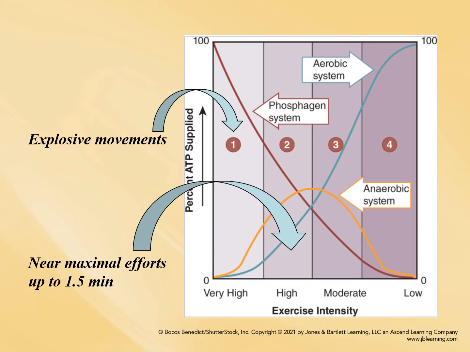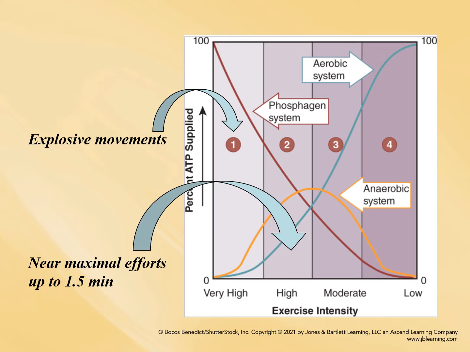And that is going to be in column 2. You'll see that the aerobic component, or the blue line, is the predominant source of energy for the moderate or longer duration activities, and that's 3 and 4.